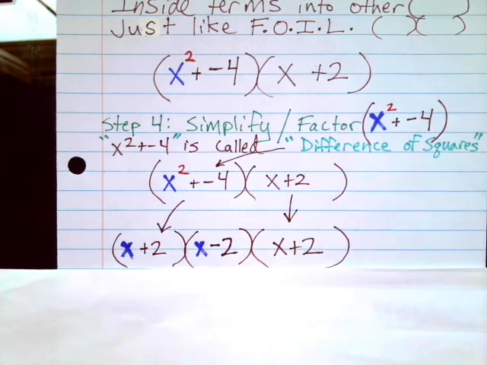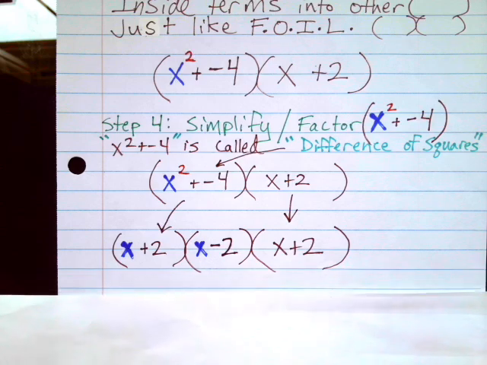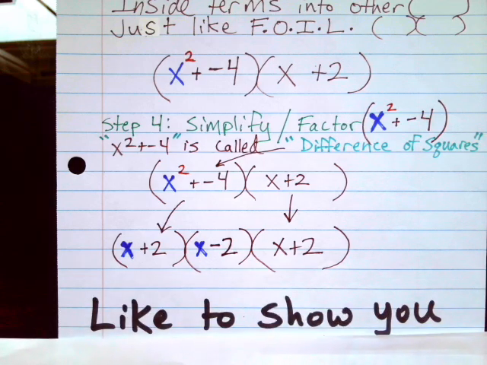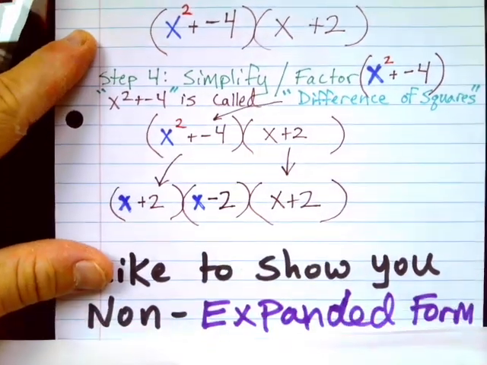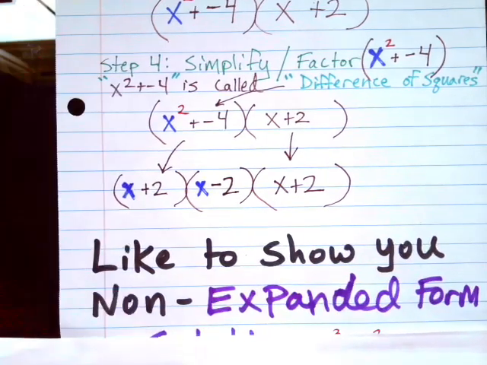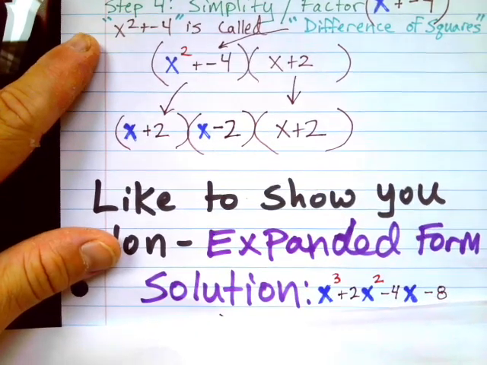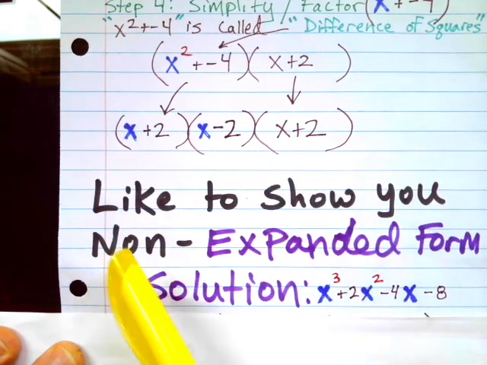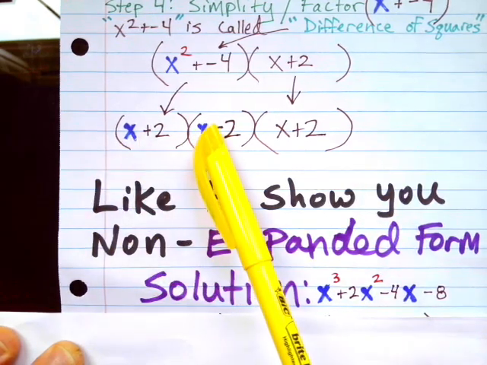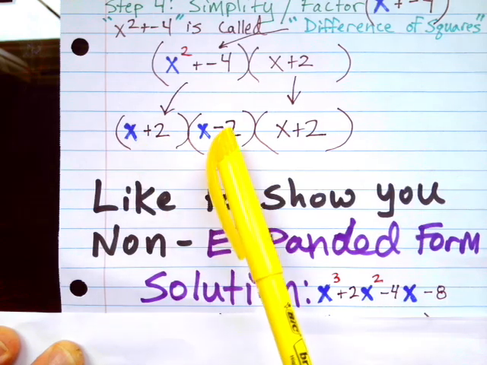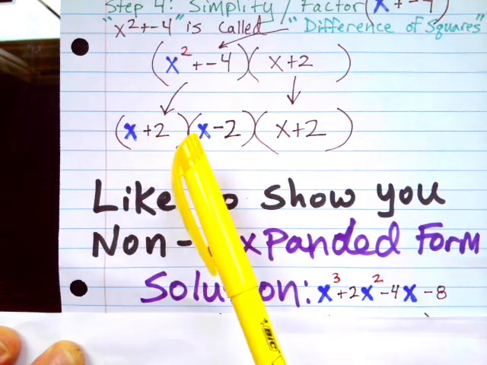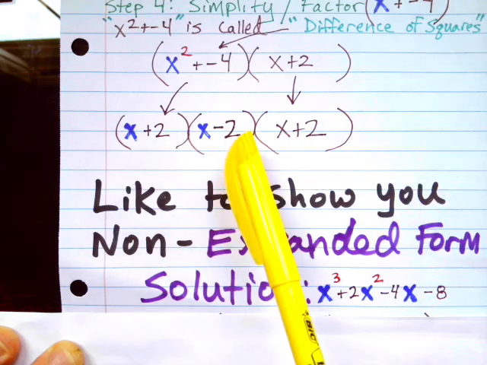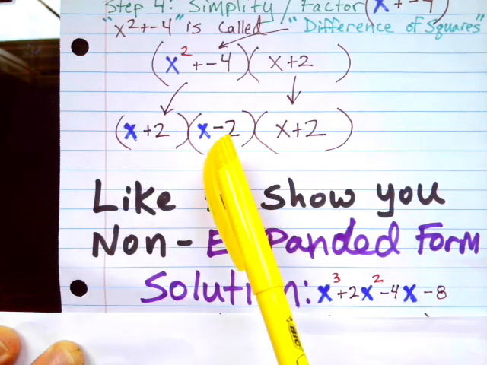Now you're going to check your answer. You're going to multiply all of these together. In checking your answer, you would use the type of FOIL. You'd multiply the x times the x, the x times the -2, +2 times x, +2 times a -2, and combine like terms.